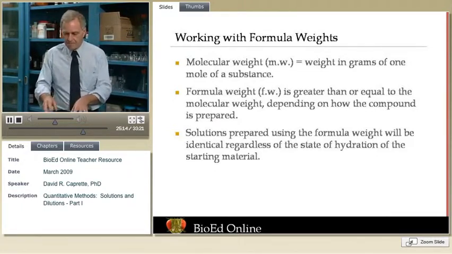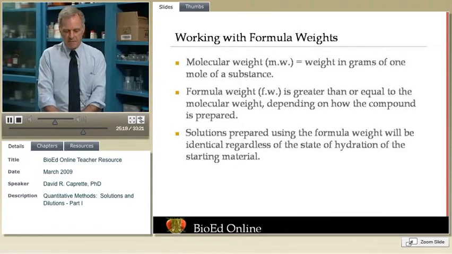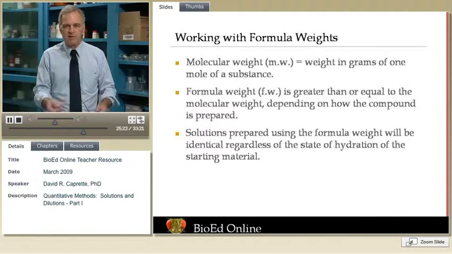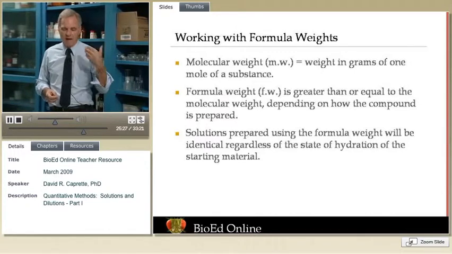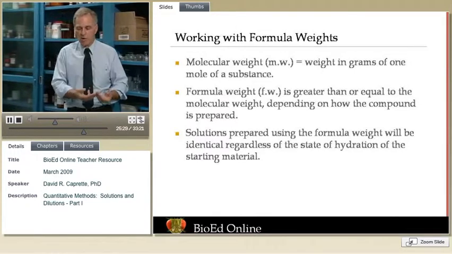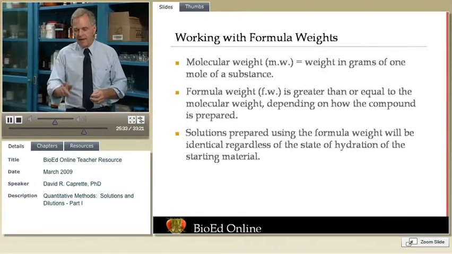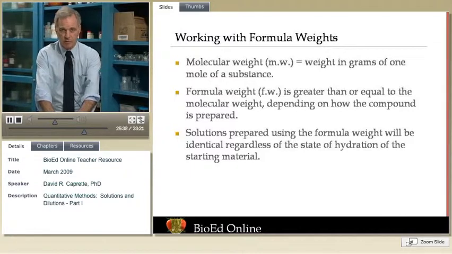And finally, a lot of compounds come with inert ingredients. So if you have something that is 75% pure, the other 25% being completely inert, you can ignore it. The formula weight will tell you how many grams you need in order to get a particular mole of the active ingredient. Again, we work with the formula weight, and that gives us a final result that can be used to make a molar solution.